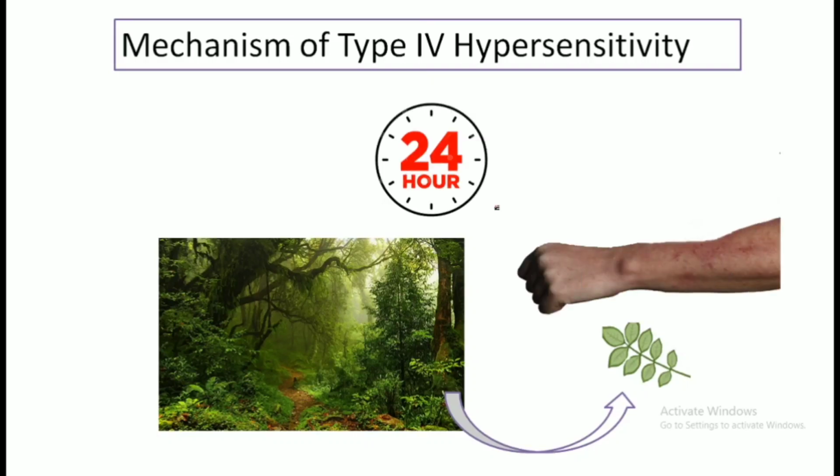After nearly 24 hours, your body develops rashes, generally on the hands, and some inflammation. This type of reaction happens when your skin unknowingly touches plant parts which may bear toxic compounds. This is also known as type 4 hypersensitivity reaction.